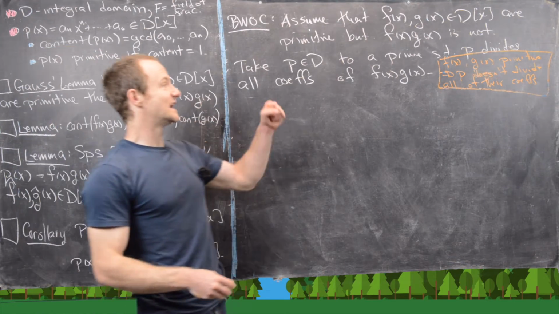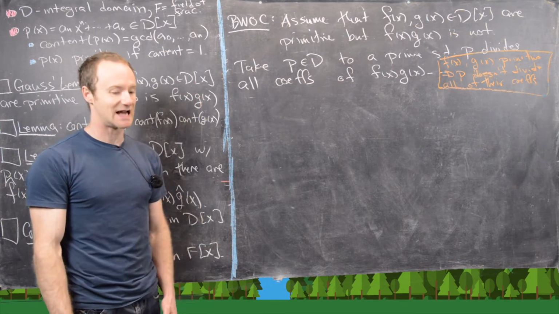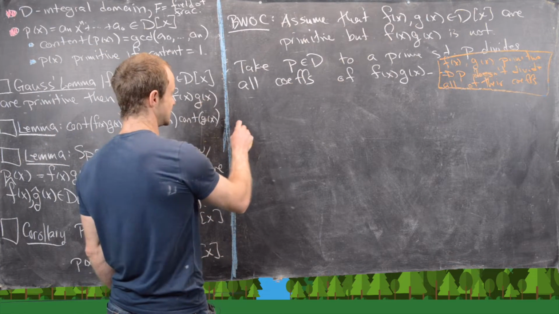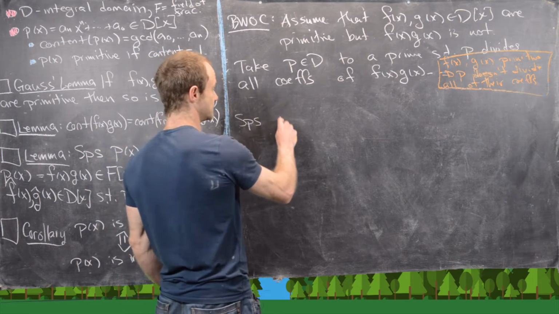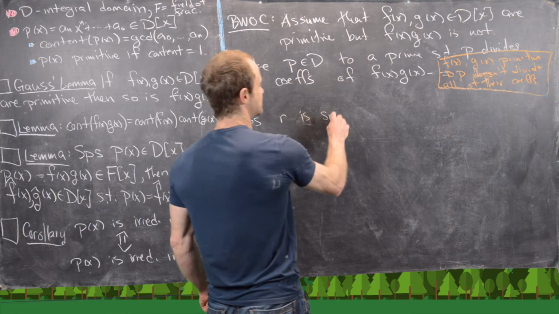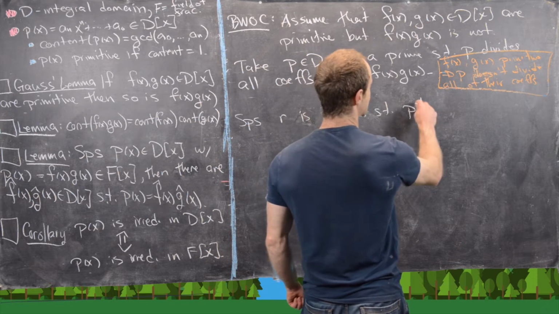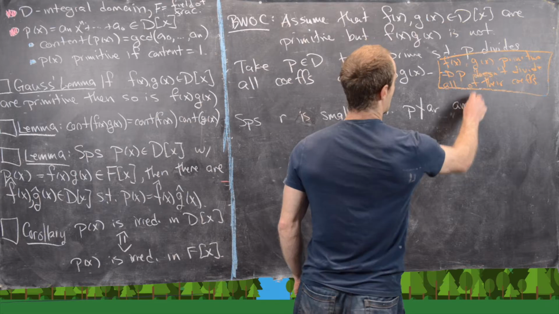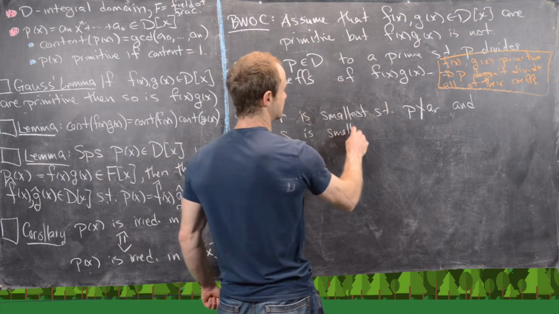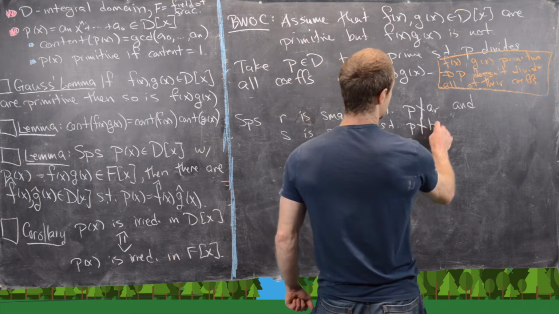Okay, so since it doesn't divide all of their coefficients, there is a minimal coefficient that is not divisible by P. So let's go ahead and bring those into existence. So let's suppose r is the smallest such that P does not divide a_r, and s is the smallest such that P does not divide b_s.